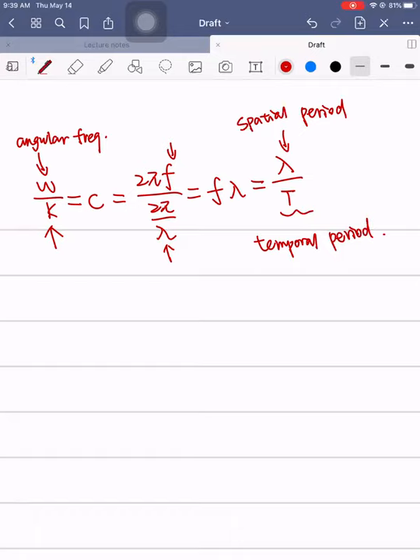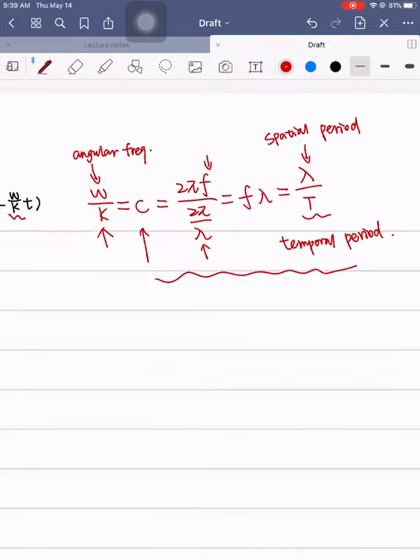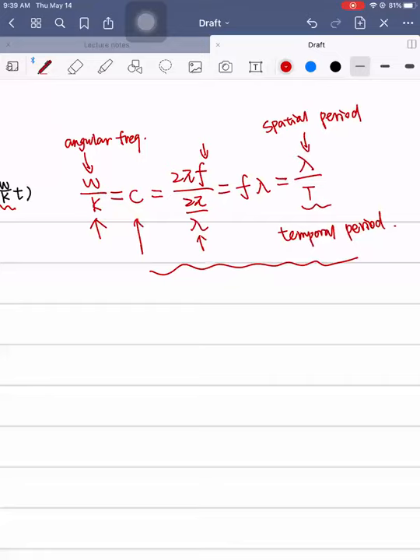So this relation tells us the speed relates these spatial and temporal quantities. I want to give this because I want you to always remember this duality between space and time. It will be very helpful to remember all these relations between these quantities.